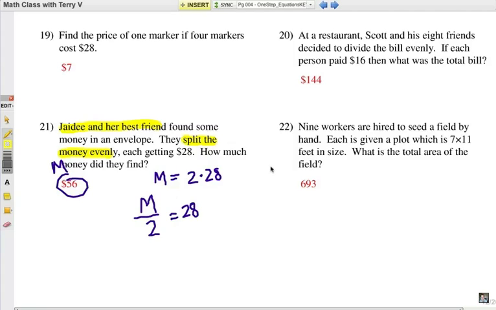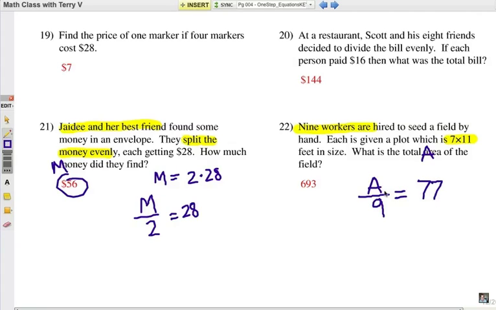And finally, number 22. 9 workers are hired to seed a field by hand. Each is given a plot which is 7 by 11 feet in size. What's the total area of the field? I'm going to choose capital A for the total area. And a couple ways we could do it. Total area divided by 9 equals, now we're talking square feet, and it's 7 by 11, so obviously we're talking 77 square feet.